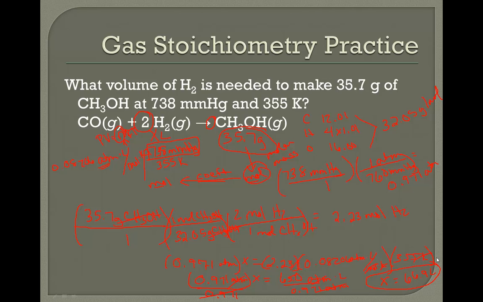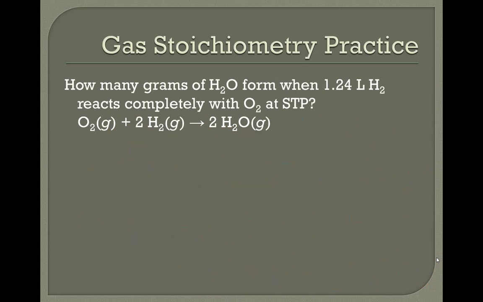Let's try another one. How many grams of H2O form, so we're looking for grams of H2O, when 1.24 liters of H2 reacts completely with O2 at STP. Notice at STP. That means I can use 22.4 liters is equal to 1 mole.